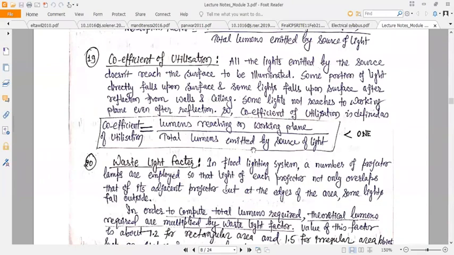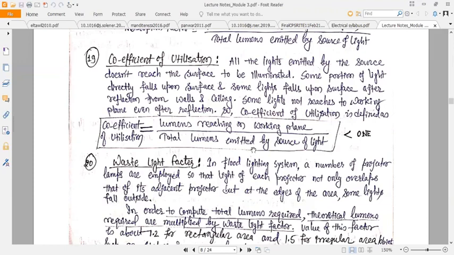Take the same classroom example again. If tube lights are fitted in the classroom, then how many lumens reach the working plane, the bench where you are writing? How much light is reaching that bench? So the lumens reaching that working plane divided by the total lumens emitted from the tube light. The ratio of these two is called the coefficient of utilization.